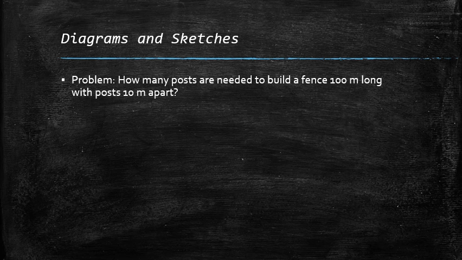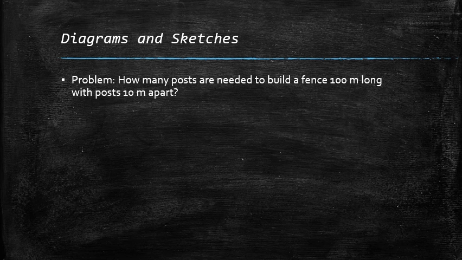If we think about this problem without sketching it, we may say 100 meters over 10 meters, so we will need 10 posts. We divide 100 over 10, and we would say we need 10 posts to build this fence.